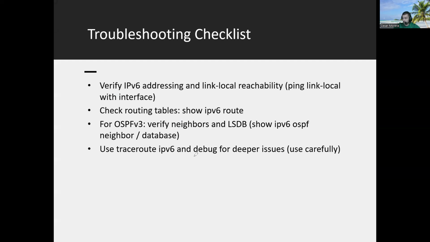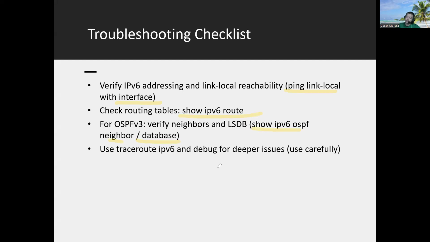Next, verify IPv6 addressing and link-local reachability. Being link-local, it is tied to a specific interface. Check the routing tables with show IPv6 route. For OSPFv3, verify neighbors and LSDB with the show IPv6 OSPF neighbor or database commands.